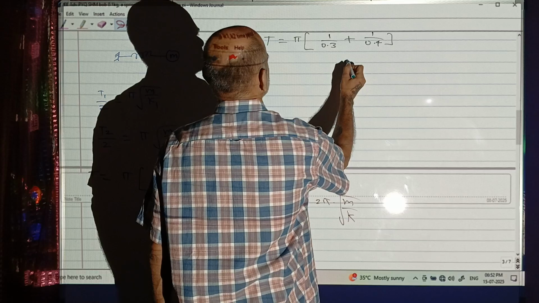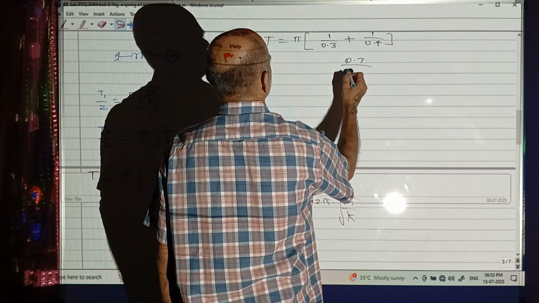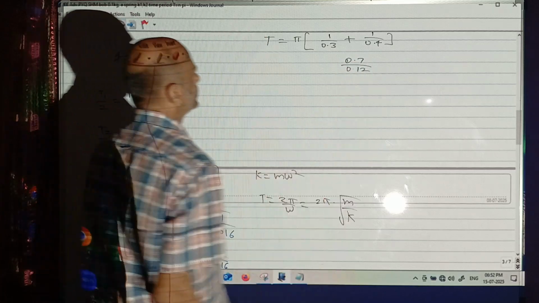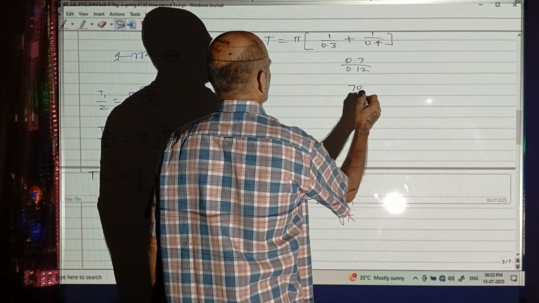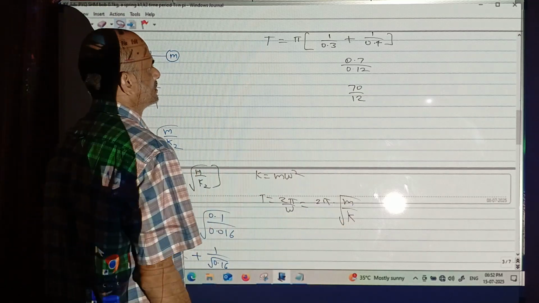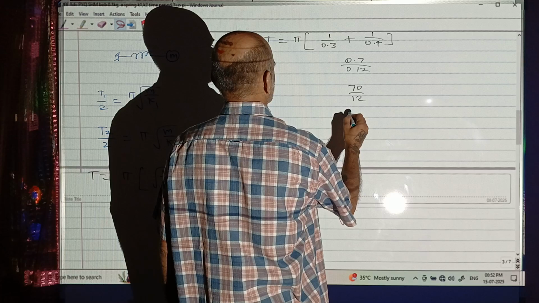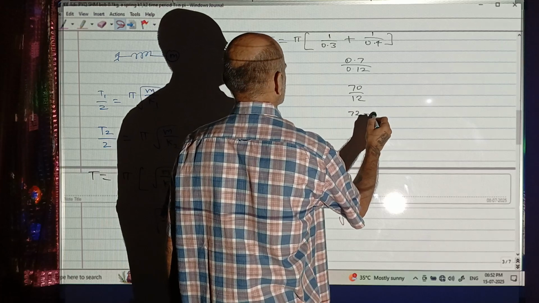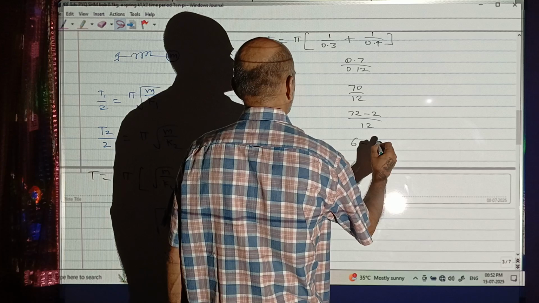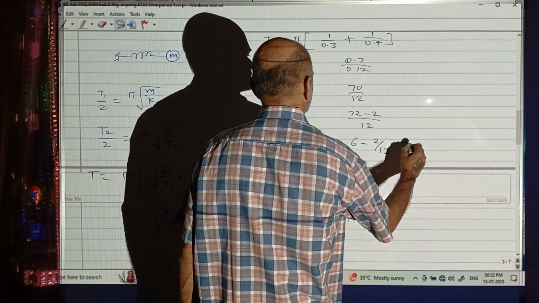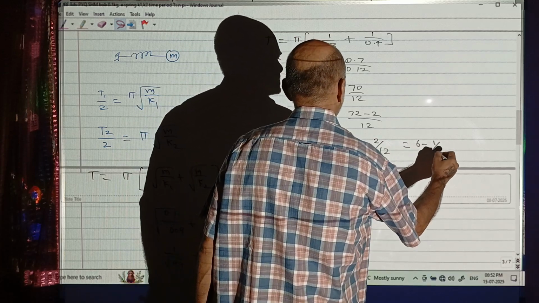So this is 0.7 by 0.12, that is 70 by 12, which is 72 minus 2 by 12, so 6 minus 2 by 12, that is 6 minus 1 by 6.